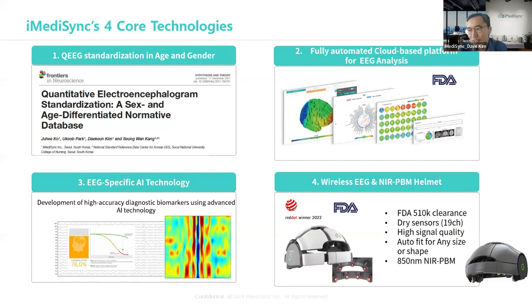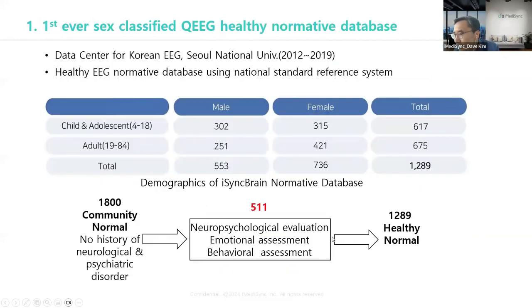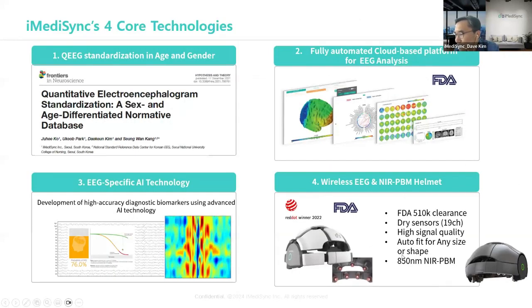For example, usually the dynamic pattern is very healthy, and the persistent rhythm pattern is usually not healthy. Using this kind of dynamic pattern, we developed the AI biomarker for many kinds of diseases. And this is our wireless helmet integrating the EEG function and PBM function at the same time.